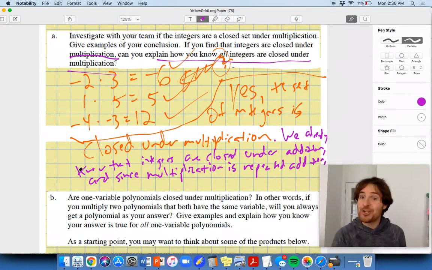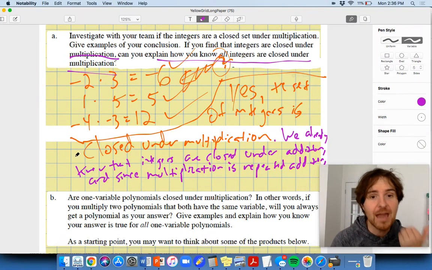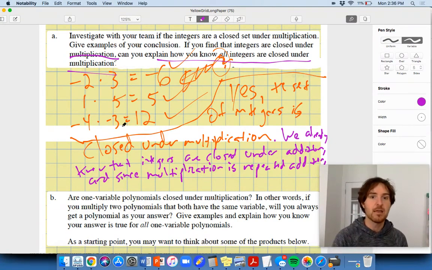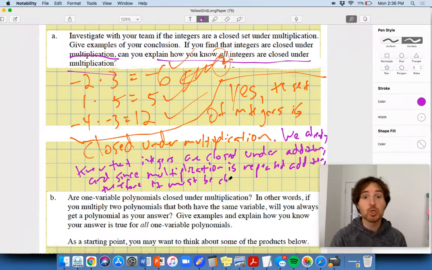So if we're closed under addition, what would follow from that is we'd be closed under multiplication. Therefore, it must be closed under multiplication also. Messy handwriting, that's why you're listening. So anyways, I'll reread this.